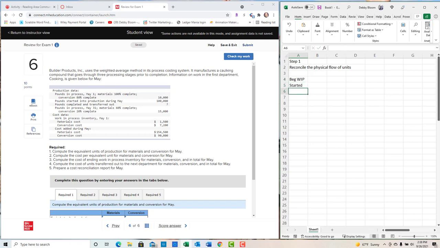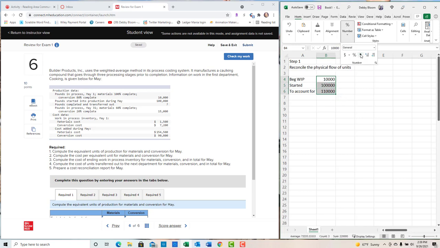We're given 10,000 pounds in the beginning work in process and 100,000 units started. The two of them together are the units to account for, which is going to be 110,000. I'll put the commas in so you can see the numbers a little better.